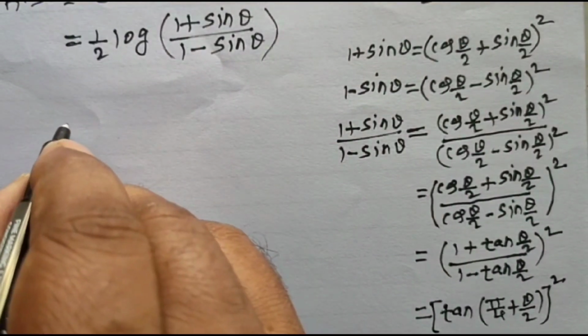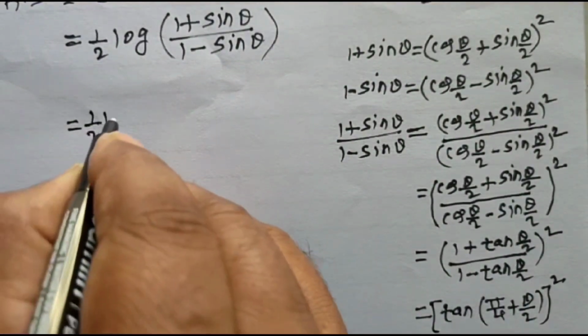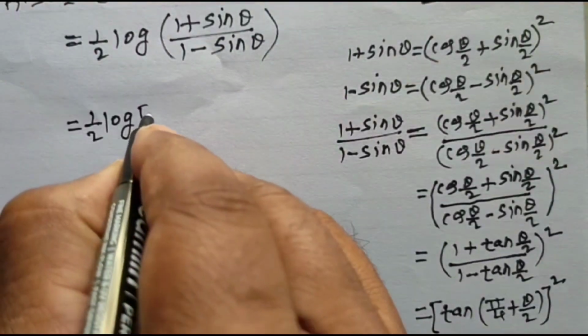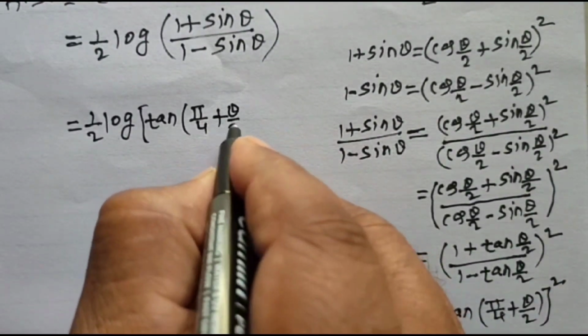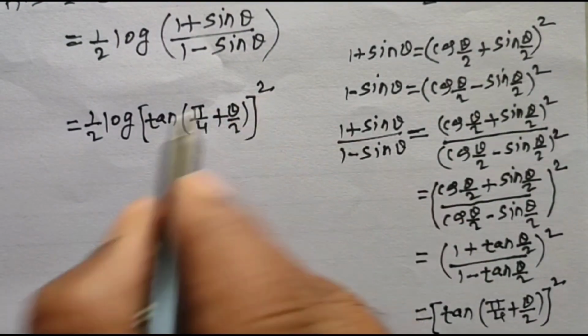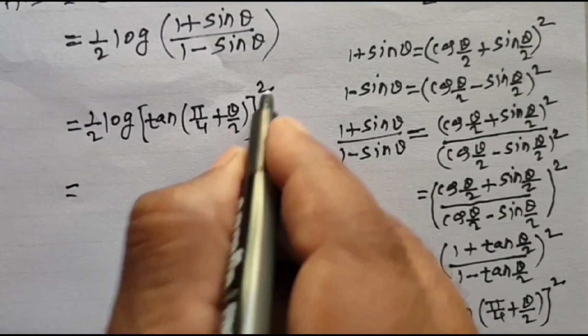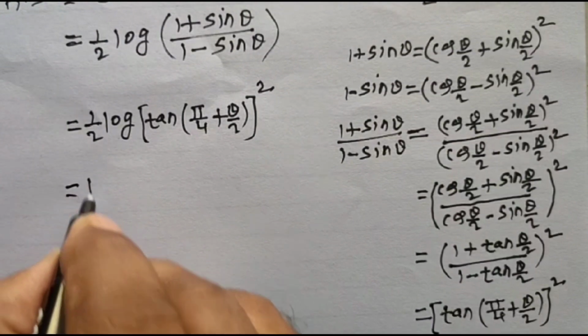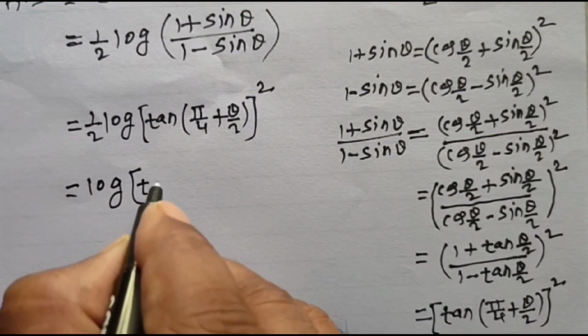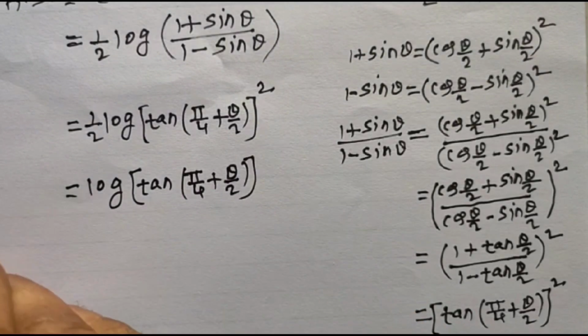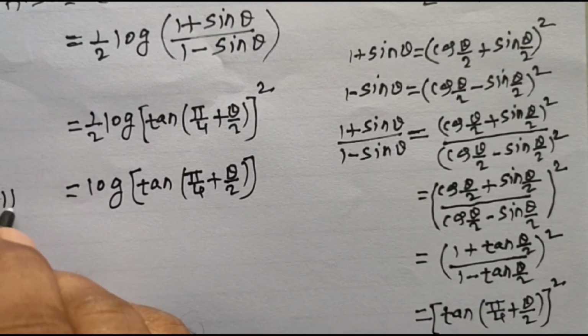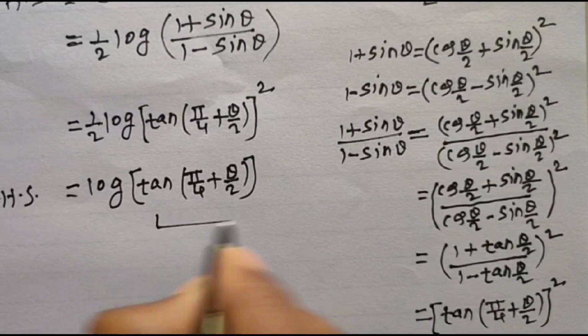So this is equal to 1 by 2 logarithm of tan of pi by 4 plus theta upon 2, its square. This power becomes a multiplier, so these two cancel with these two, and what remains is only logarithm of tan of pi by 4 plus theta upon 2. This is LHS. We can consider this as result number 1.